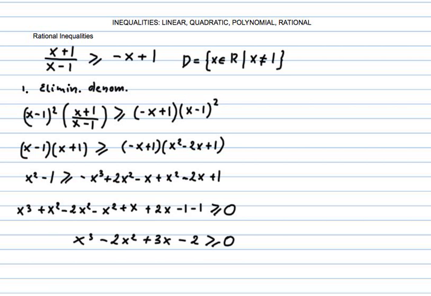So eliminating the denominator. Again, you multiply both sides by a positive number. So this is why you say (x minus 1) squared becomes the positive value that you multiply this inequality by.